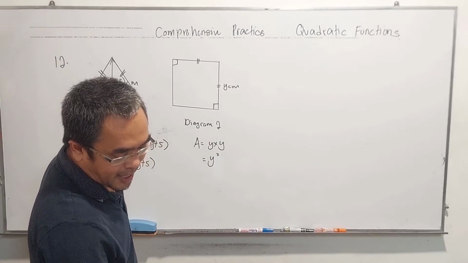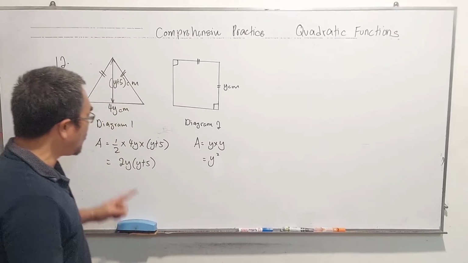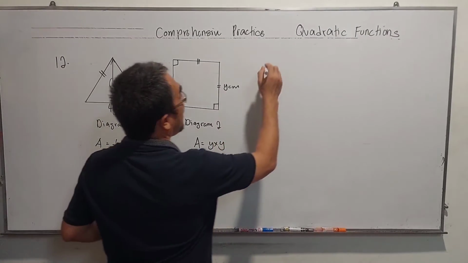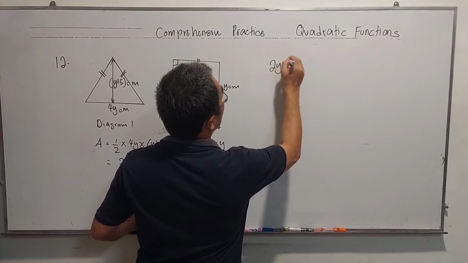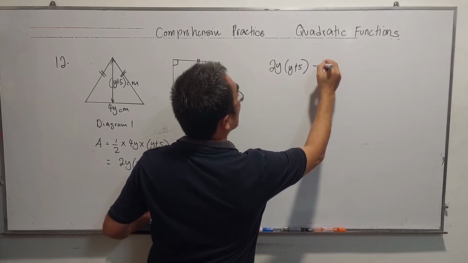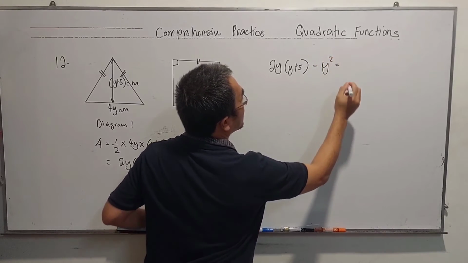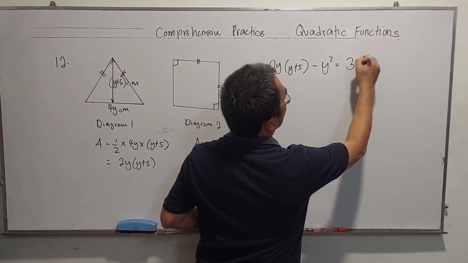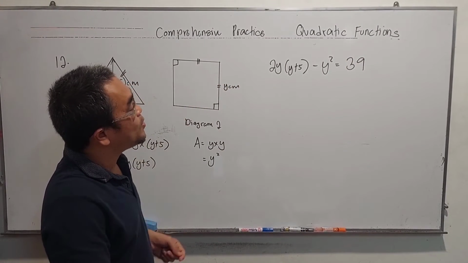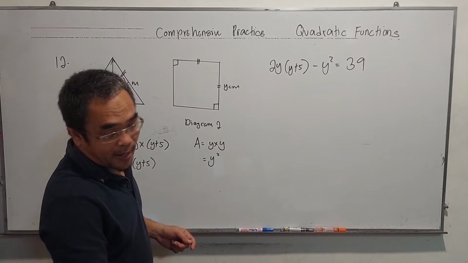Given that the area of the triangle is more than the area of the square by 39, we take area of triangle minus area of square, that is 2y times y plus 5 minus y squared equals 39. From here, we can calculate the value of y.